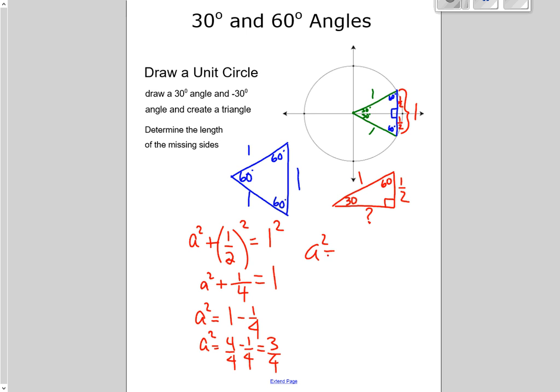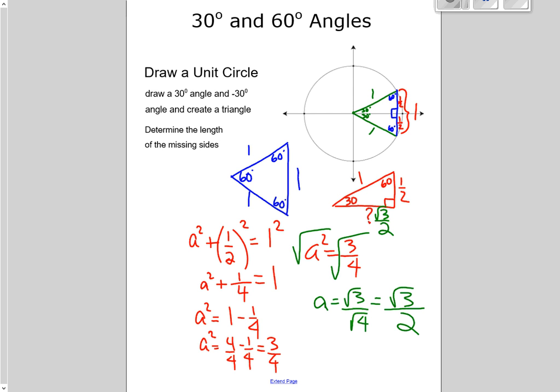Okay, so a squared is equal to 3/4. And then, of course, I'm not looking for a squared. I'm just looking for a. So I'm going to find the square root of the top and the bottom. We'll leave root 3 as root 3, but the square root of 4 is 2. So this is going to be root 3 over 2 right here.